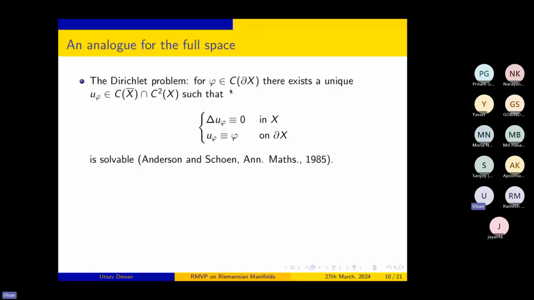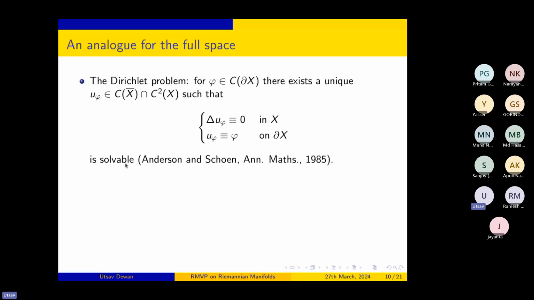So again, we look at the Dirichlet problem. For phi continuous on the Gromov boundary, does there exist a solution? If there exists one, by the maximum principle it's going to be unique. So is there a harmonic extension u_phi, which is continuous on the X closure and C^2 in X, so that the Laplacian of u_phi is 0 in X, so u_phi is harmonic in X, and u_phi coincides with phi on the boundary del X, so that this Dirichlet problem is solvable or not.